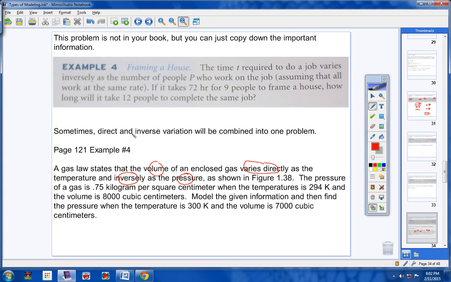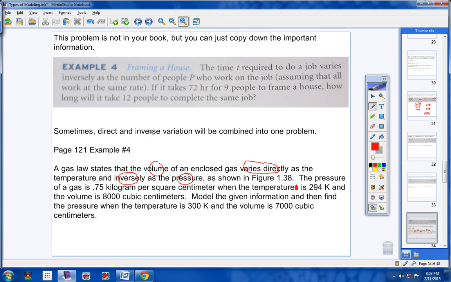You can look at that in your book. The pressure of a gas is 0.75 kilograms per square centimeter when the temperature is 294 Kelvin and the volume is 8,000 cubic centimeters. Model the given information and then find the pressure when the temperature is 300 and the volume is 7,000.